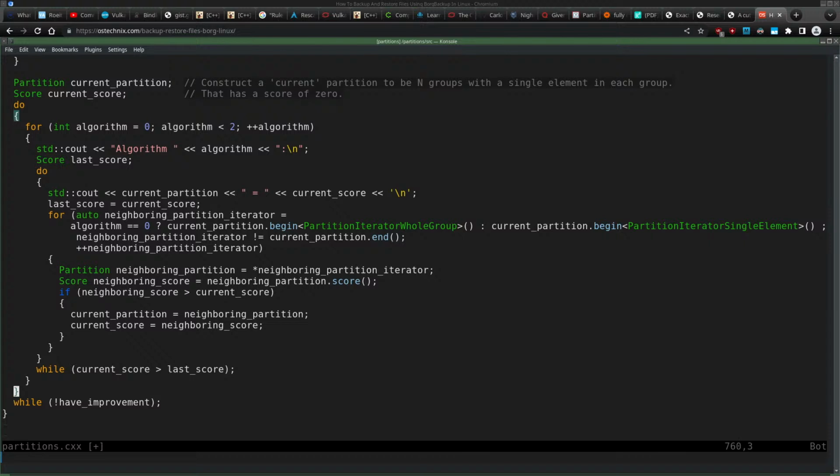I'll continue running this loop until there is no improvement anymore. So until not have improvement.